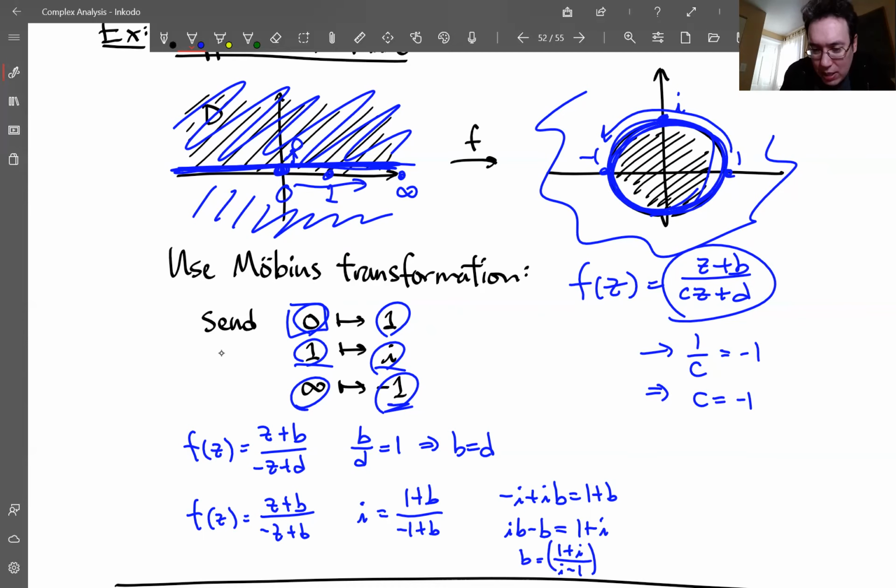This can be simplified. Let's multiply top and bottom by I plus 1.